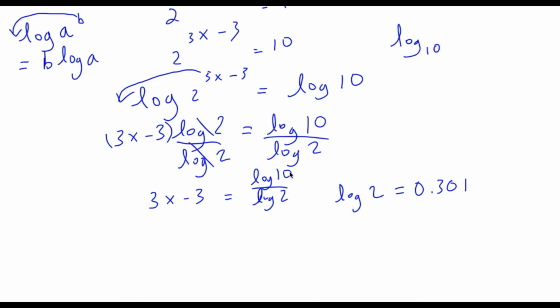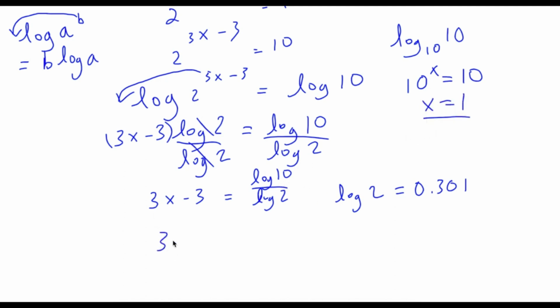So this is the same thing as log base 10 of 10. And this is essentially asking 10 to the power of x is equal to 10. So what is x? And x is equal to 1, right? So log 10 is equal to 1.